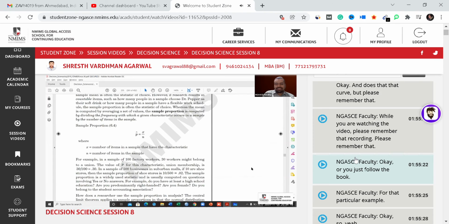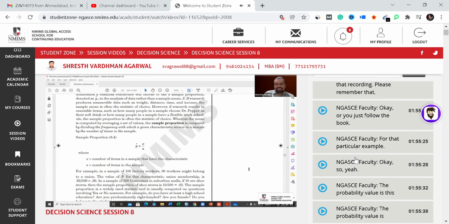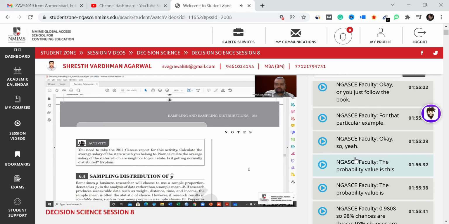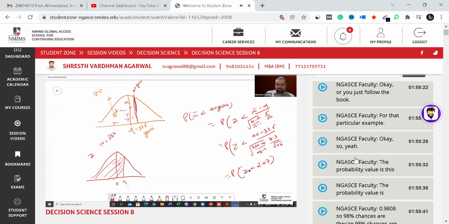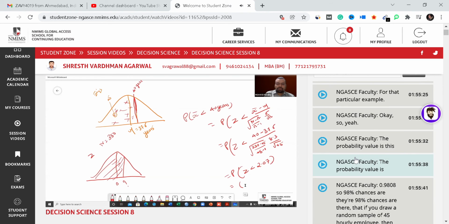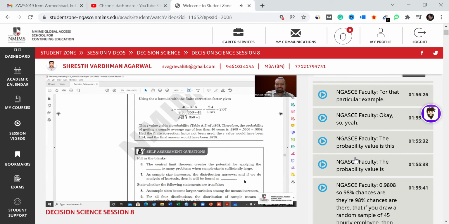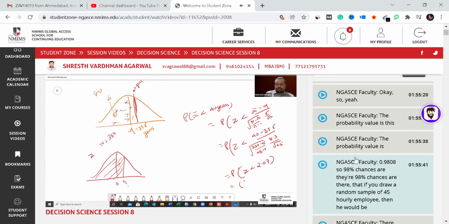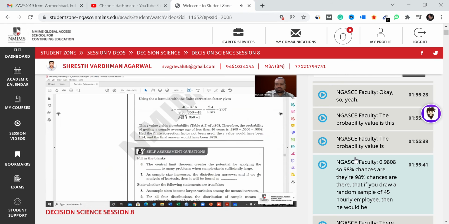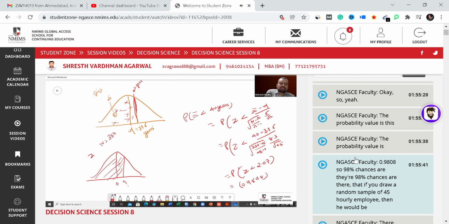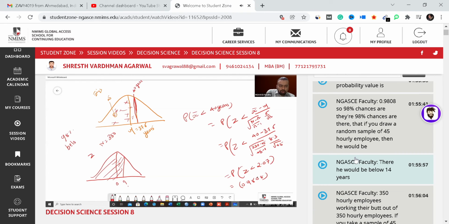So here the probability value is 0.9808. So 98% chances are there that if you draw a random sample of 45 hourly employees, their age would be below 40 years.